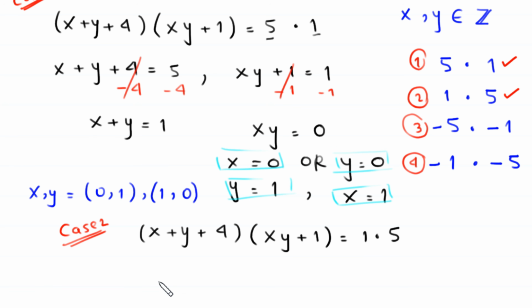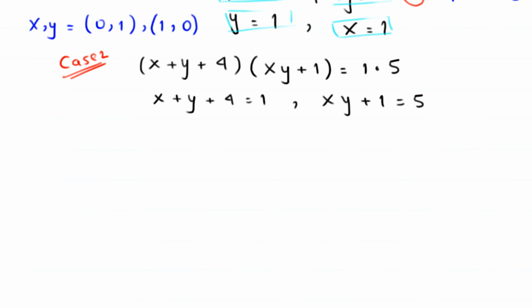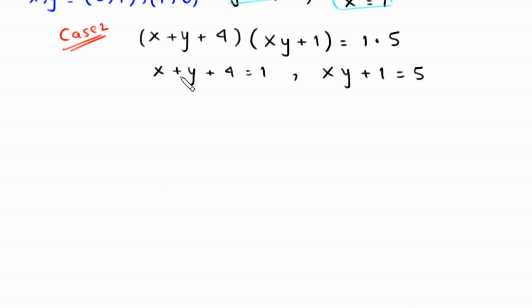It means that x plus y plus 4 equal to 1, and xy plus 1 equal to 5. If we subtract 4 from both sides, this implies that x plus y equal to negative 3, and if we subtract 1 from both sides, this implies that x times y equal to 4.